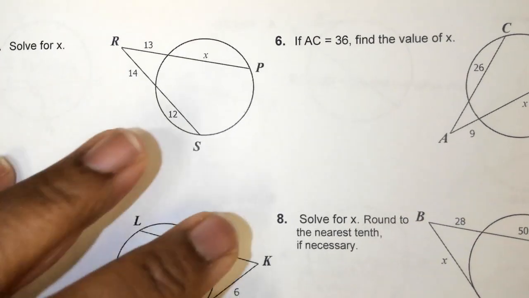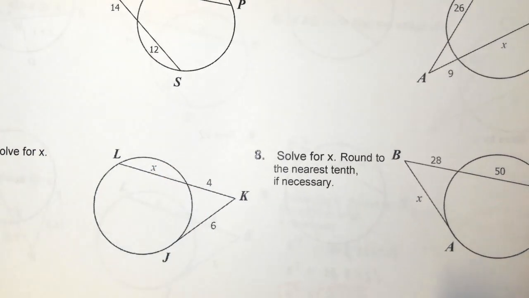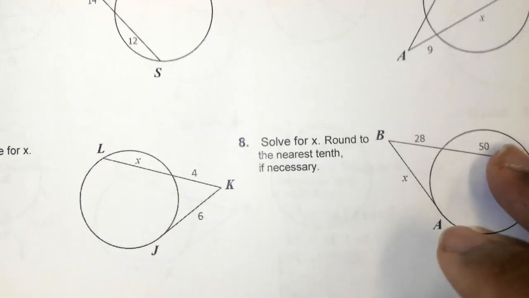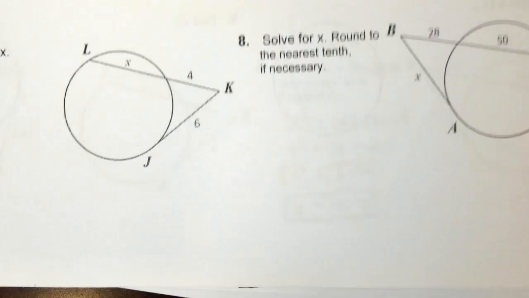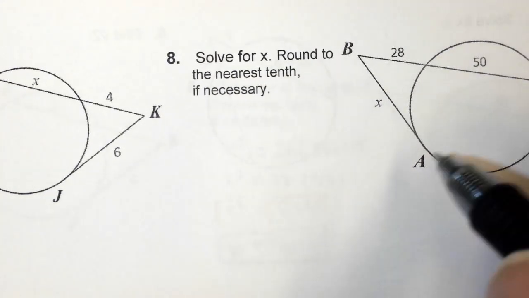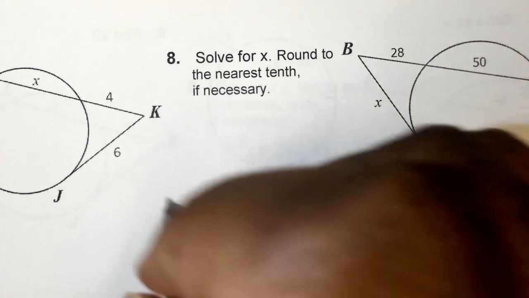And number 8 says solve for x. Round to the nearest tenth if necessary, hint, hint. Kind of hinting that it's probably going to be a decimal. This one, tangent line, secant line.